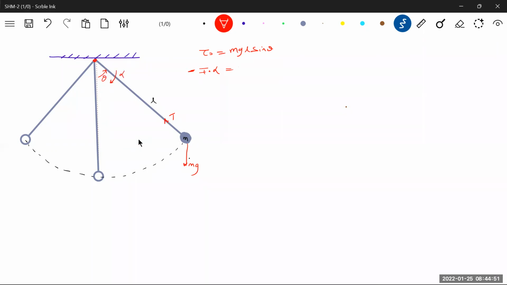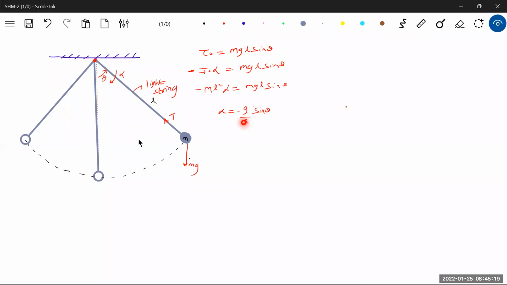That's why there is this negative sign. So mg L sine theta equals the moment of inertia, m L squared, into alpha. The string will be light. Therefore, alpha will become minus g by L sine theta.